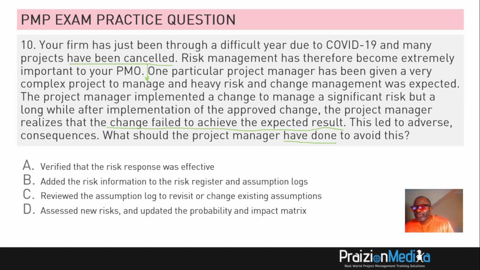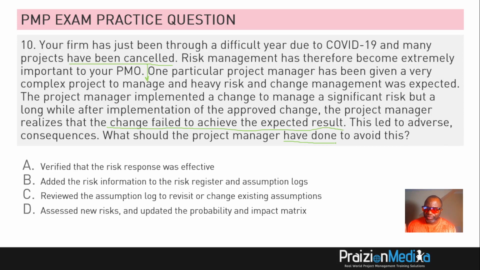It says, what could the project manager have done to avoid this? It's a change in question. So C doesn't hold much weight. And D, assessed new risks and updated the probability impact matrix. You don't update the probability impact matrix. So again, bogus. You got to keep your eye on what the problem is.